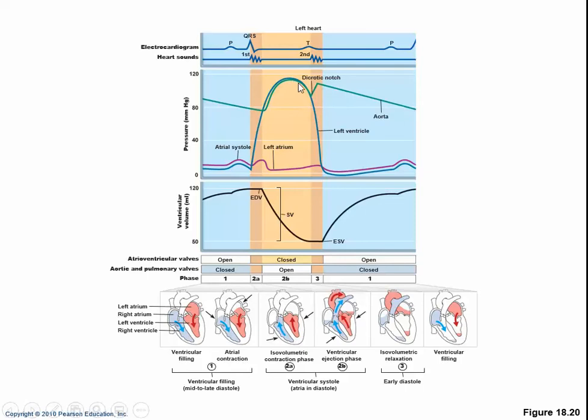And now there's less blood, so there's less pressure, so the pressure starts to drop. Diastole starts here, and the ventricle walls start relaxing. Pressure drops to below the aorta, so the aortic semilunar valve closes, dub.